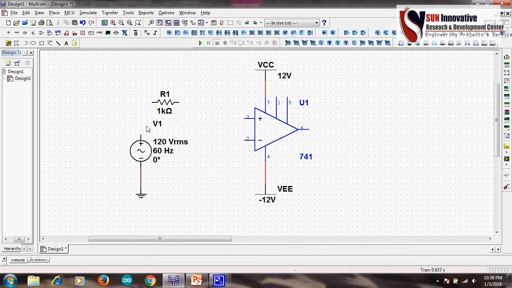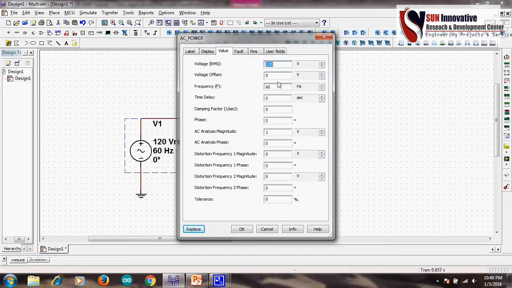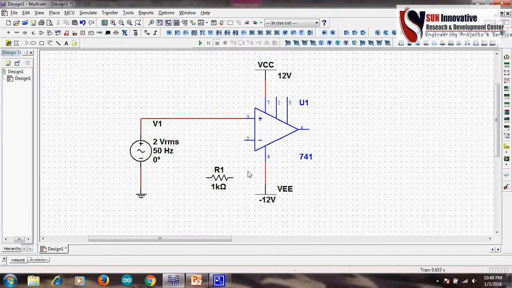This is the input voltage and it goes to the positive terminal of the op-amp because we need a non-inverting amplifier. The VRMS voltage is 2 volts and the frequency is 50 Hz, and the other items are as they are.